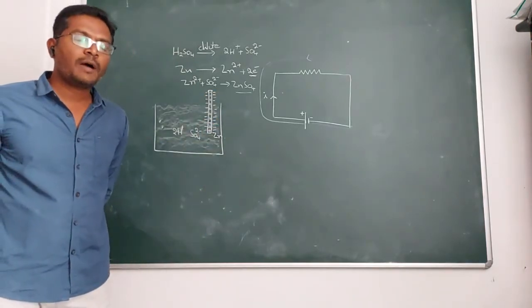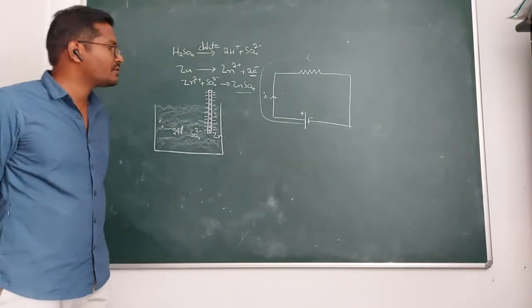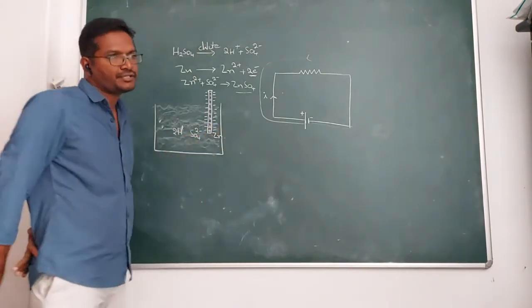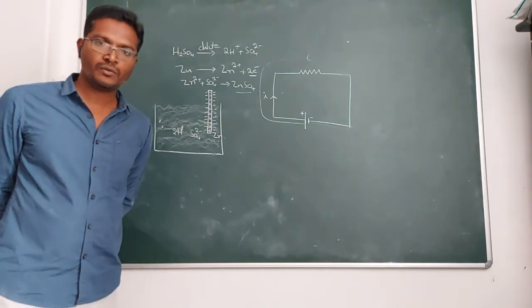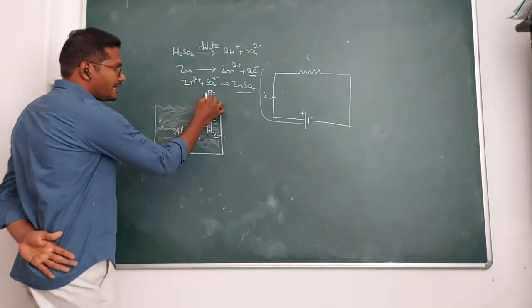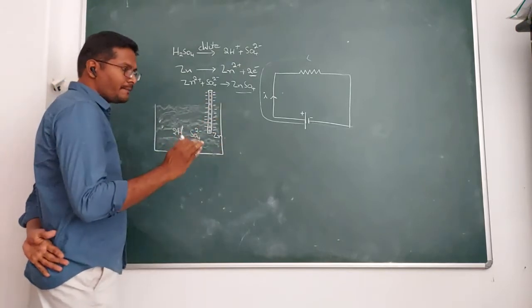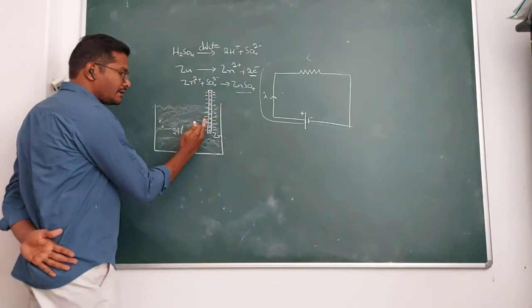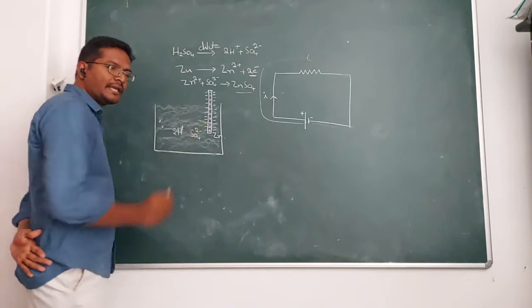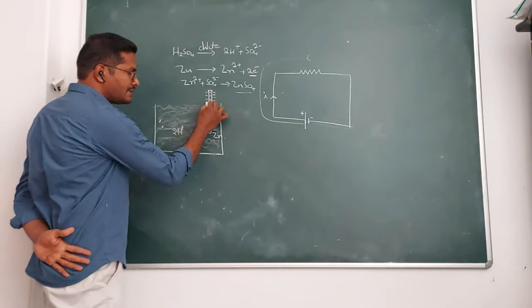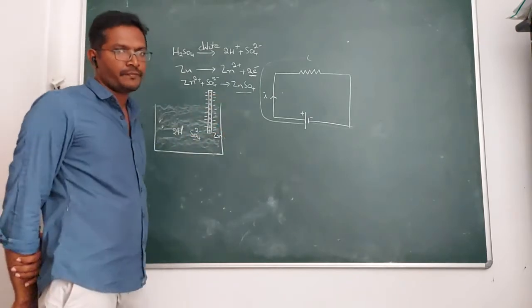Up to what level is this going to happen? Is SO4 2 minus always attached to Zn? No. As a negative charge is developed, after some time there is a repulsion caused by this negative charge on SO4 2 minus.